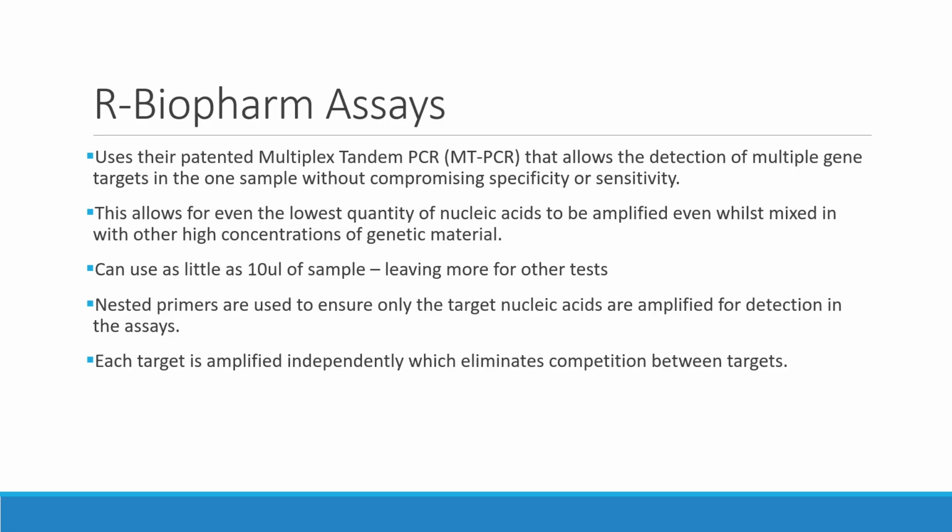You can use as little as 1 microliter of sample, allowing you to have more sample to be used on other tests. The technology uses nested primers, which ensure only the target nucleic acids are amplified for detection within the assays. Each target is amplified independently, which eliminates competition between these targets.